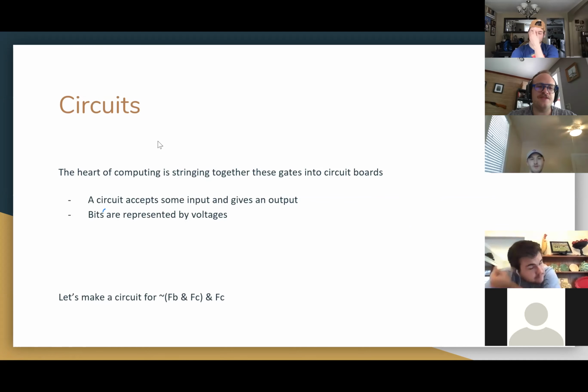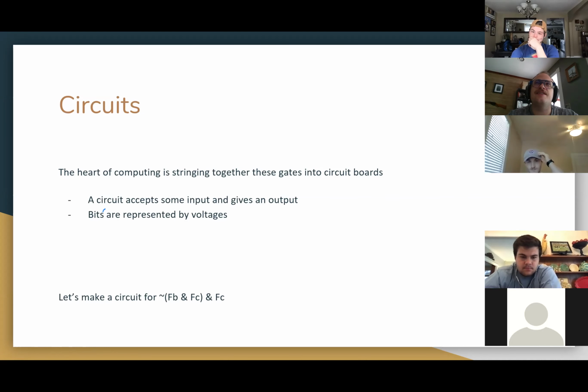Okay, I've used this word a bunch. What does it mean? So circuits are the heart of computing, and they're stringing together logic gates into circuit boards. So physical things that take as input electric signals that are meant to represent the value 0 or 1.